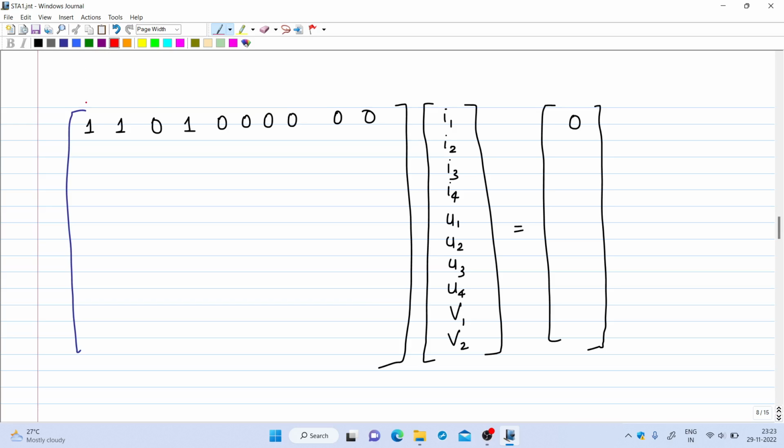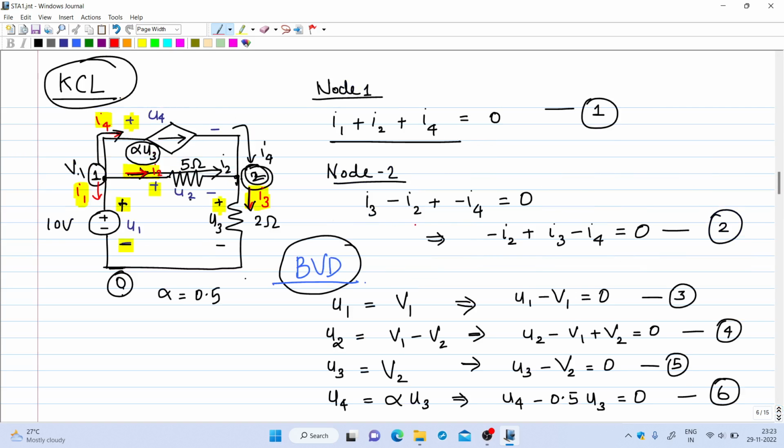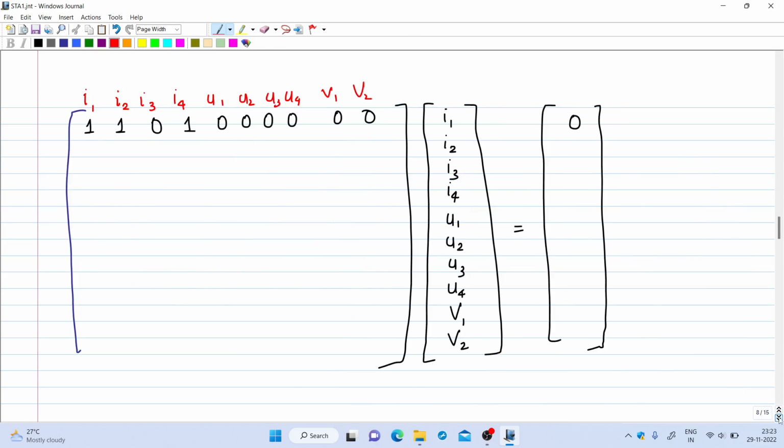I1, I2, I3, I4, U1, U2, U3, U4, V1, V2. And the second equation is minus I2 plus I3 minus I4 equal to 0.